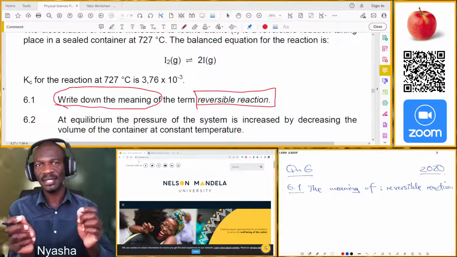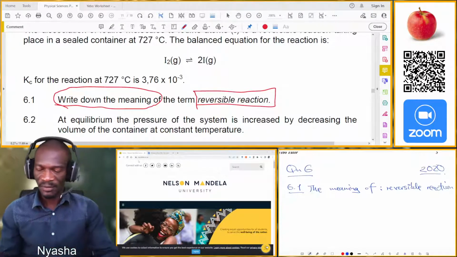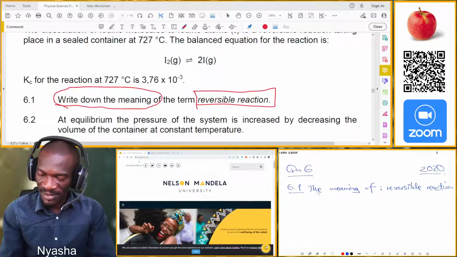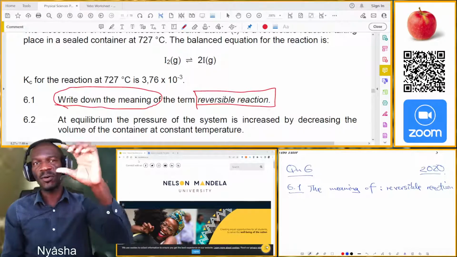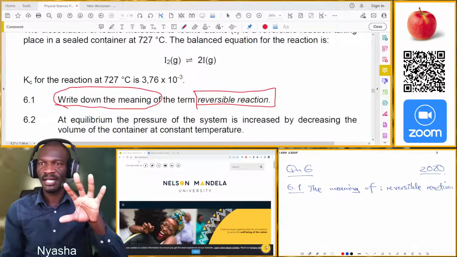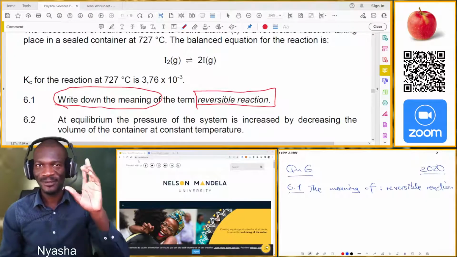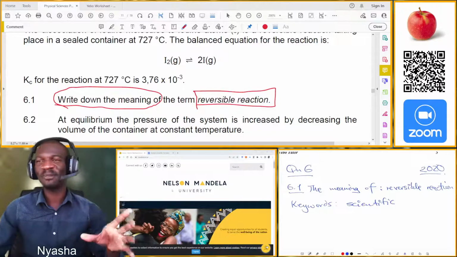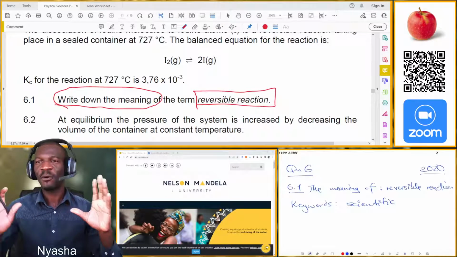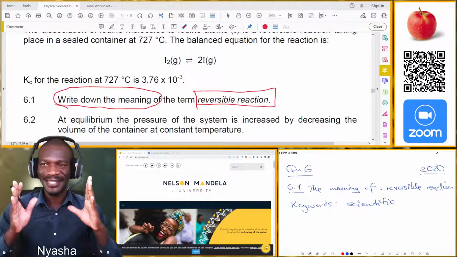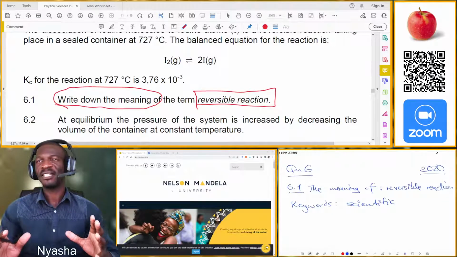So this is one similarity that we've seen, right? We've seen the definition being a very important part of this topic. So this means all your terms that are within this topic, obviously, and other topics, you need to remember the descriptive words that make up the exact definition of the term.